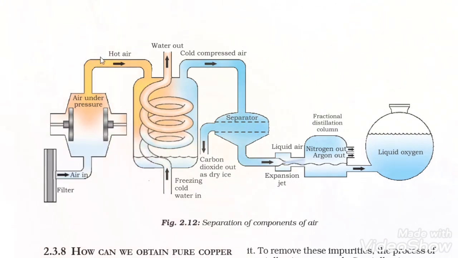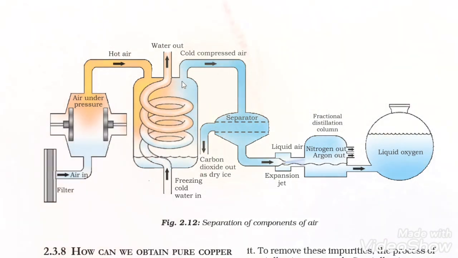Now here we see the hot air is passed through this pipe, and in this part of the apparatus, air becomes cold. See what is done here. Freezing cold water is passed through a coiled tube in this container, and hence the air becomes cool.